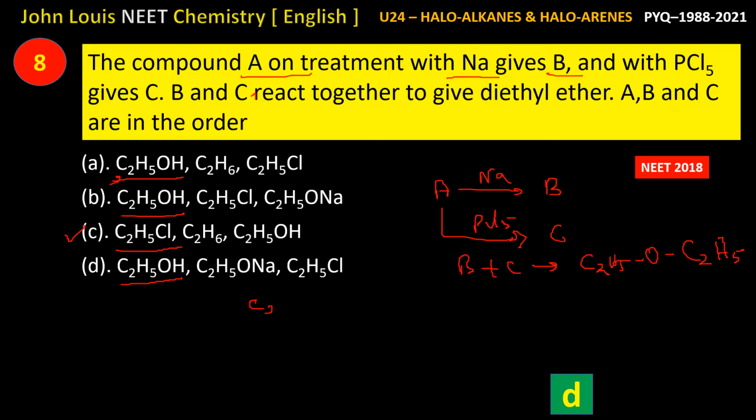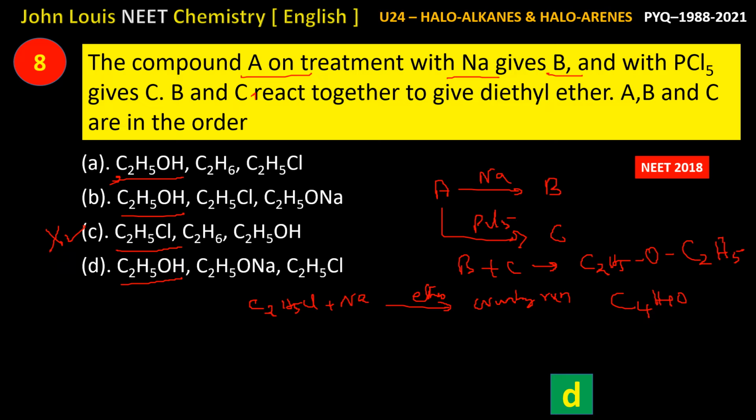When any halogen compound reacts with sodium metal in the presence of ether, it will undergo Wurtz reaction, and you will get butane, C4H10. But here the presence of ether is not given. Therefore, option C may be ruled out here.